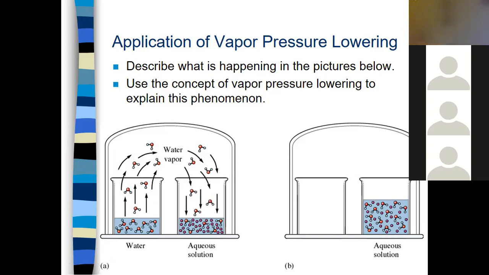So when some of those molecules condense, there's fewer vapor molecules above the beakers, aren't there? And if you have fewer particles, Avogadro's law from our gases unit, if you have fewer moles of gas, you'll have less pressure, won't you? Yeah. Okay. Thank you.